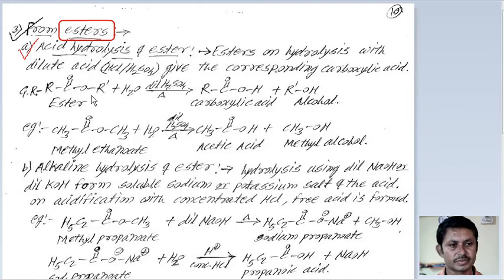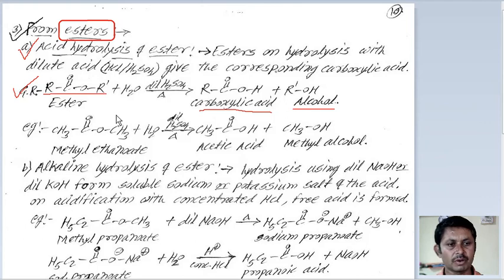acids. See here, there is a general reaction. Esters are generally represented as RCOOR. On hydrolysis in presence of dilute H2SO4 we get a carboxylic acid with an alcohol.